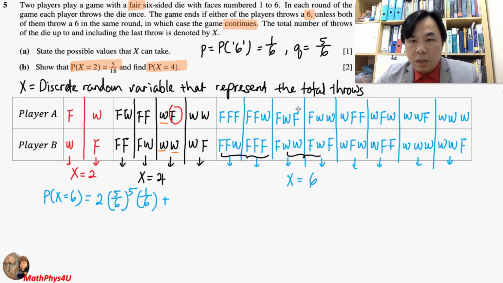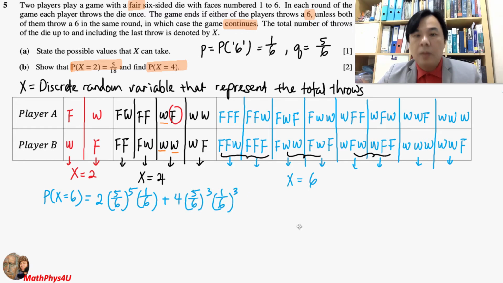You can see that this one is 3 times win, 3 times failure, which shares the same pattern as these 2 also. There are actually 4 of that repeated pattern. So therefore I'm going to write that down as failure 3 times, success 3 times. That's how it looks for four of this.